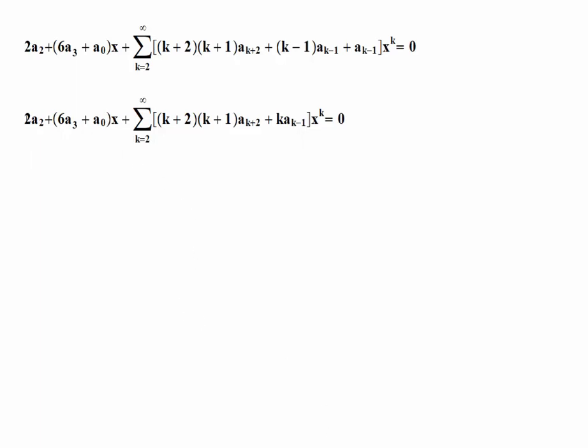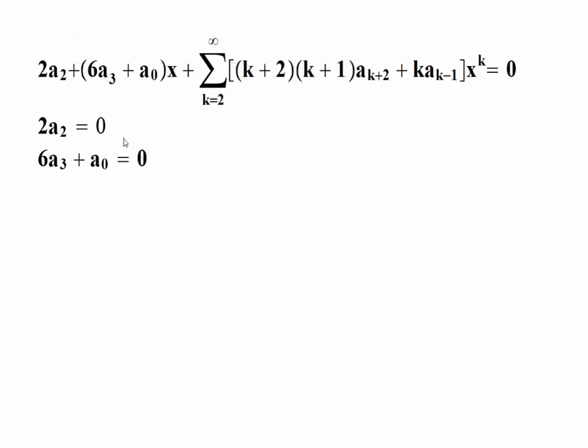So we have 2a2, because this is the only constant here, equal to 0. Then we have 6a3 plus a0 equals 0. Now we are going to involve fractions, so let me increase the font size here.